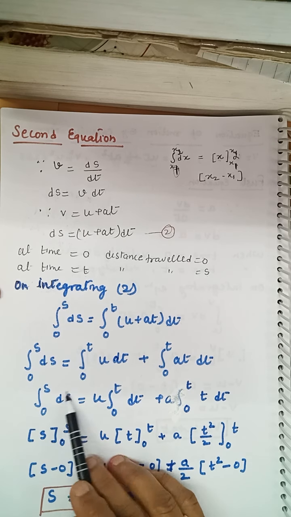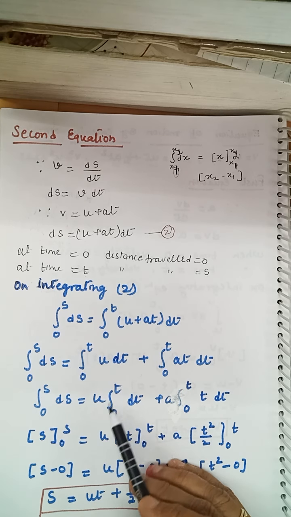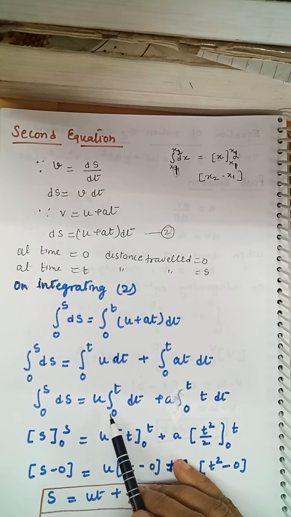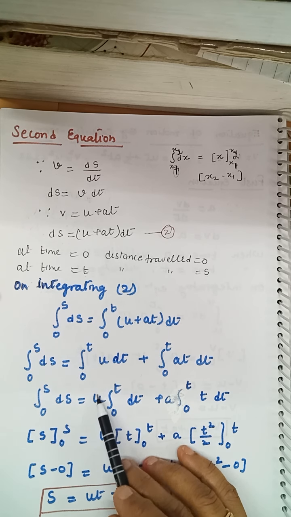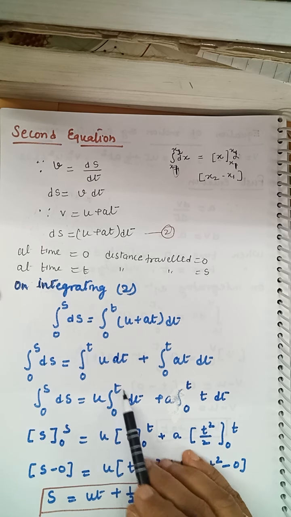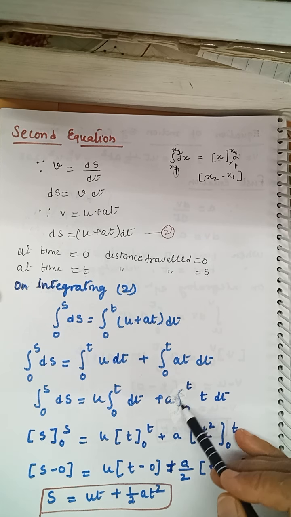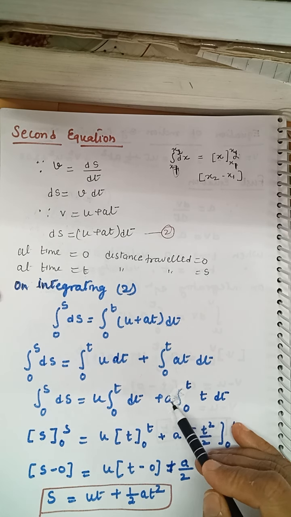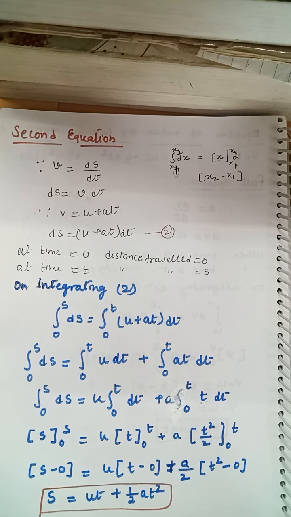Now ds, here u is constant. The initial velocity is constant, whatever velocity you give, that will remain constant, and take the constant quantity outside the integration, integral 0 to t dt. Now here a is constant because uniform acceleration we have considered. So a is taken out from the integration, and only the time interval t dt we will take.